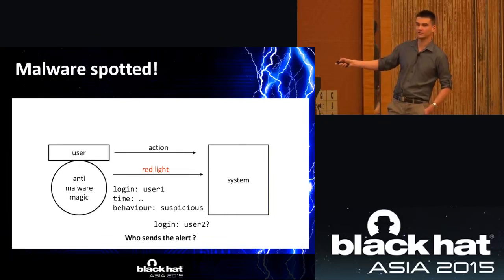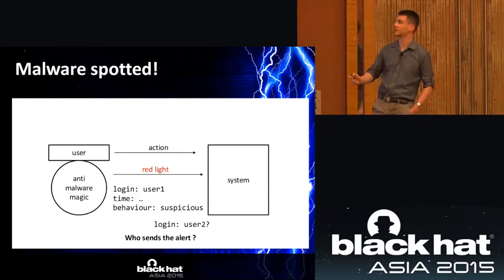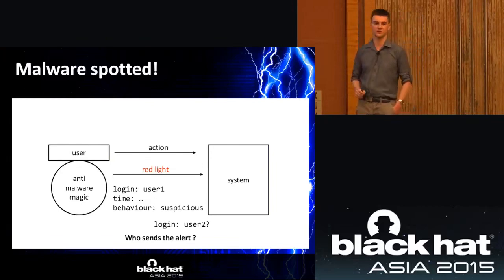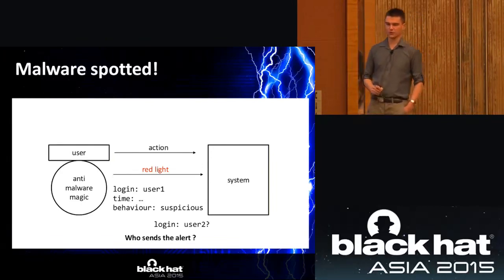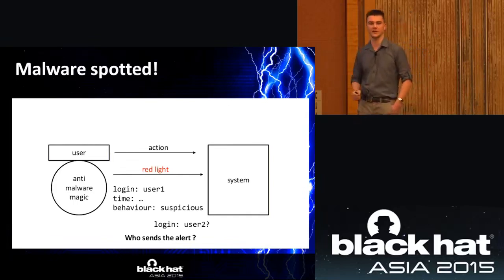But the message inside was this. There was a login of this particular user who used an infected machine at the time, and some definition of the behavior, why it was so suspicious. So in this case, we had access to the admin console in the backend.